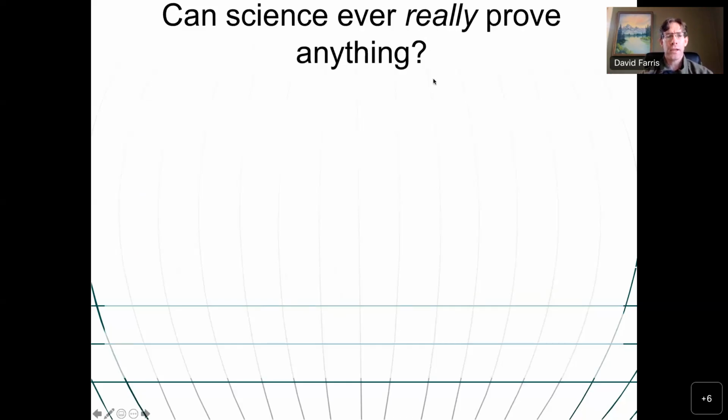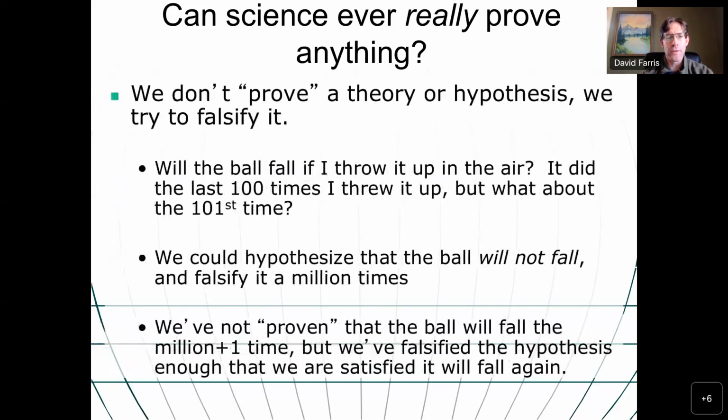Can also think, can science really ever prove anything? And to some degree, you cannot come up with sort of your ultimate proof of something, but you can gain essentially statistical confidence that a particular prediction will come out in a certain way. Say, for instance, you have an understanding of the laws of gravity.